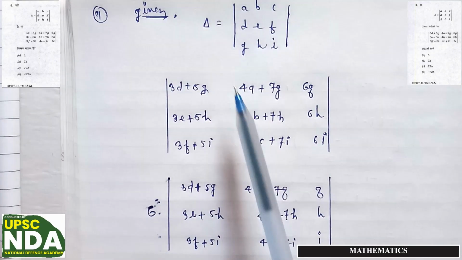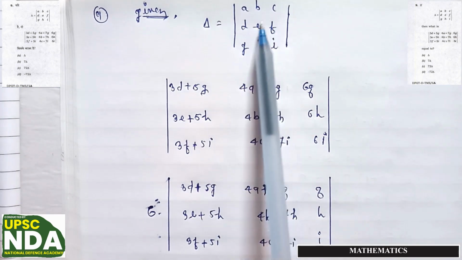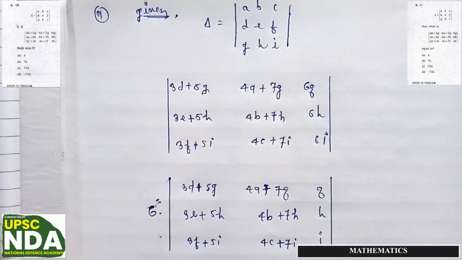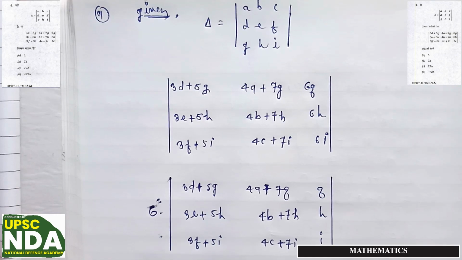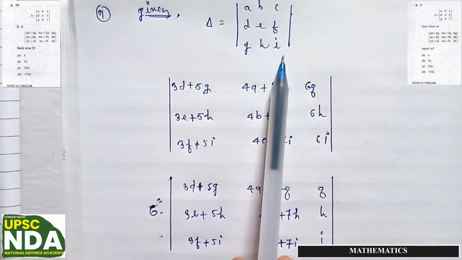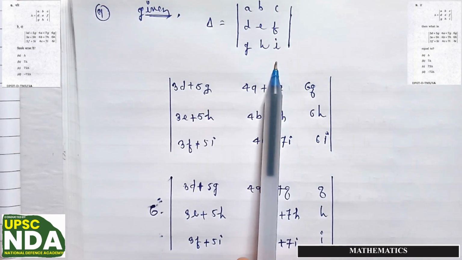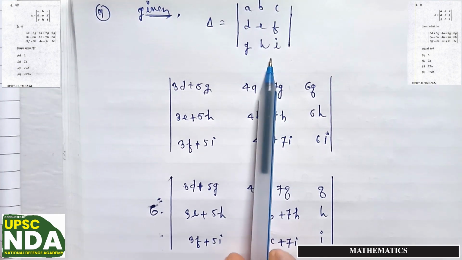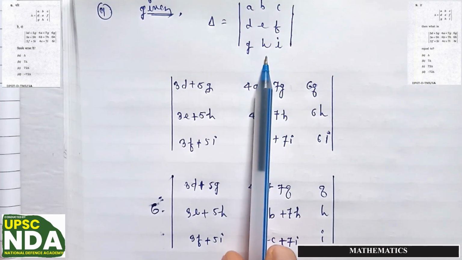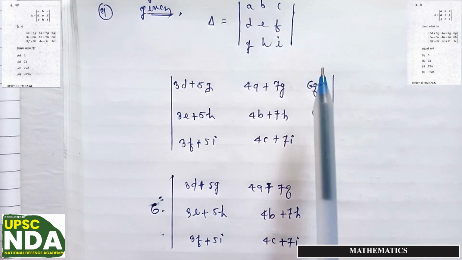In our question, delta is the determinant ABC, DEF, GHI. So we have a 3 by 3 determinant here, and finding the value of delta as some constant number is quite challenging.